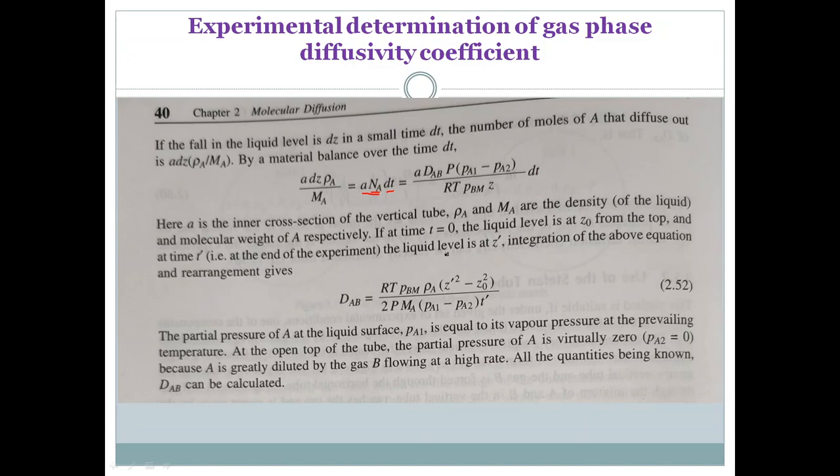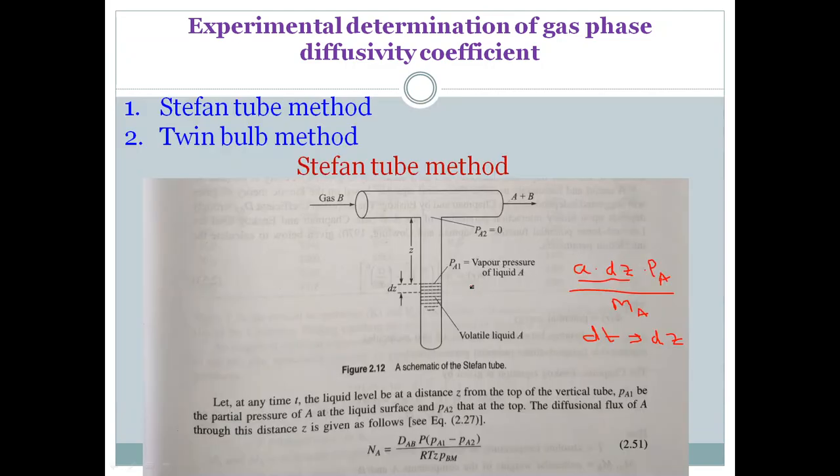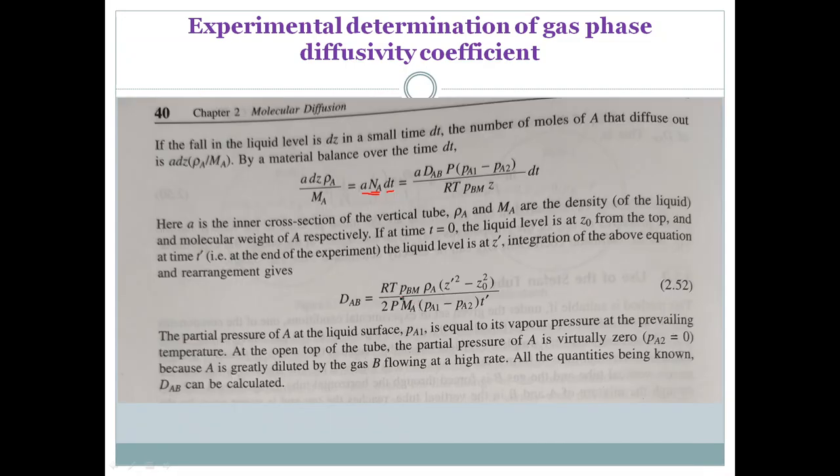Now if you go from time t equal to 0 to time t dash, where the liquid level at t equal to 0 was z0 and at time t dash is z dash, then you integrate this thing with the corresponding z dz.